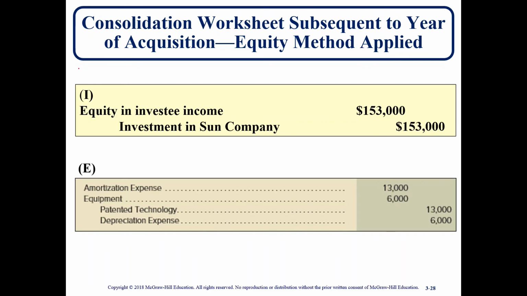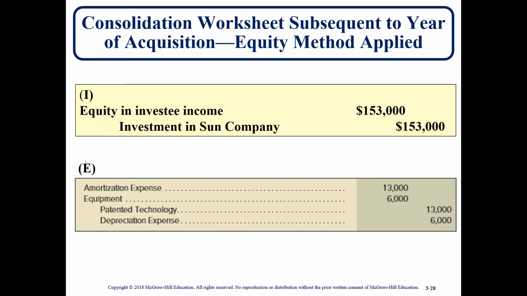We continue on with the next consolidation entry, which is to eliminate the income. In this case, Sun Company had income, and the parent company had an ending balance in their equity in subsidiary earnings account of 153,000. So in order to eliminate this, we're going to debit the equity, and then we're going to credit the investment in Sun Company.